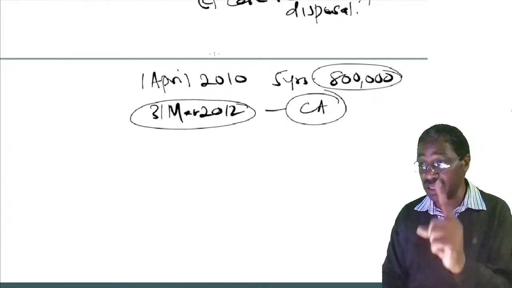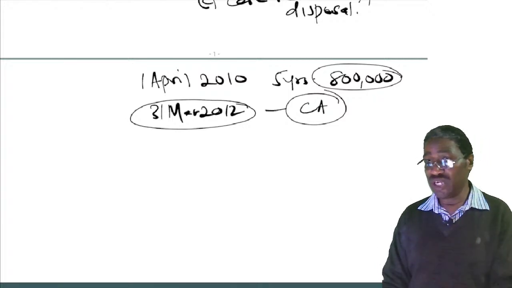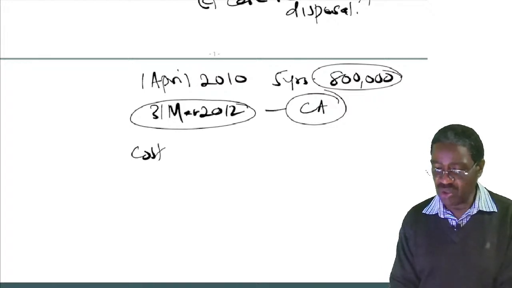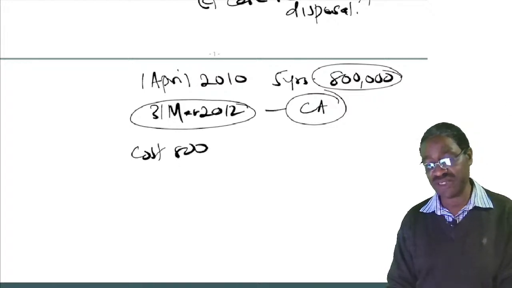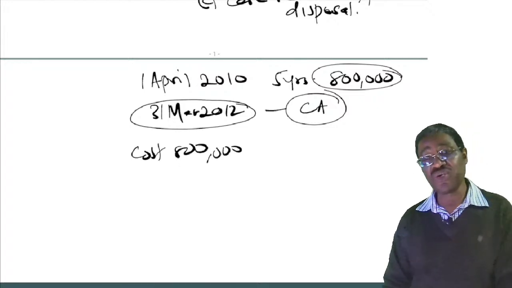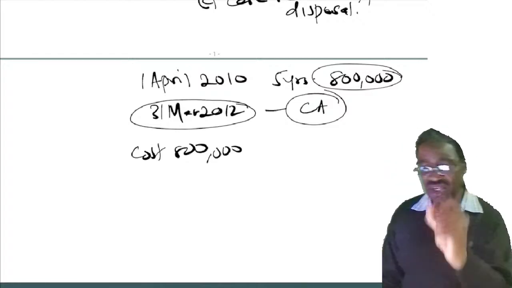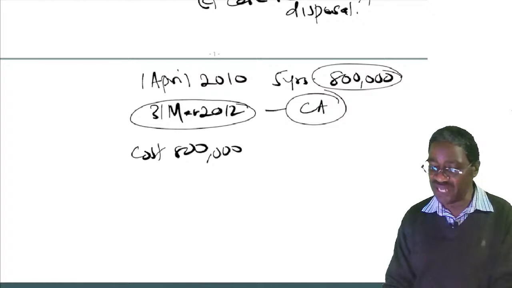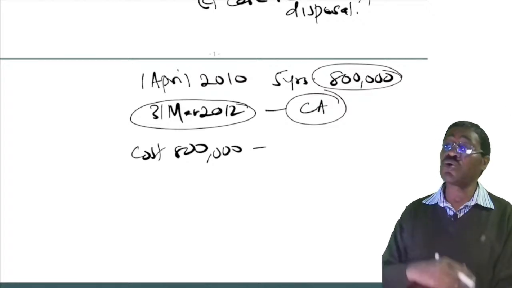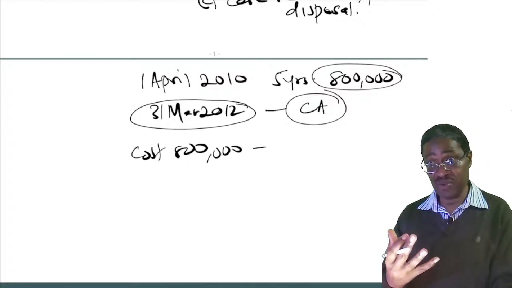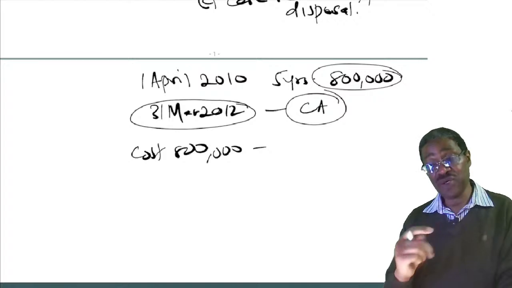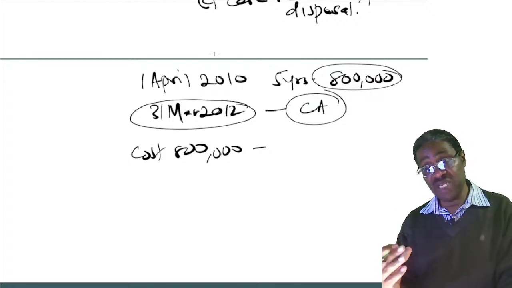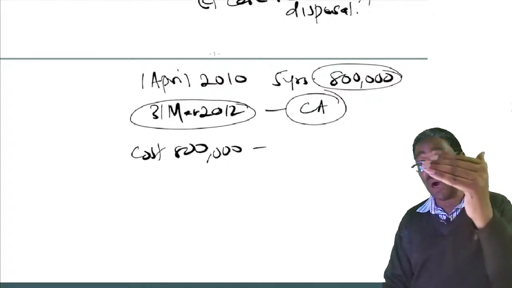What is the carrying amount? We are told the cost was 800. Don't forget, it also had a residual value of 50,000, which you can also call the scrap value, and a useful life of 5 years. Meaning, we need to depreciate it for how many years?